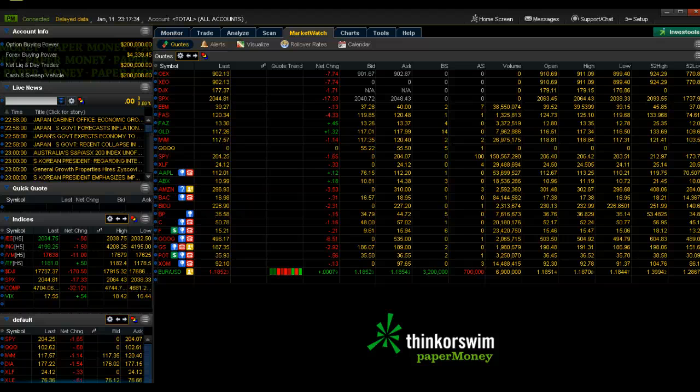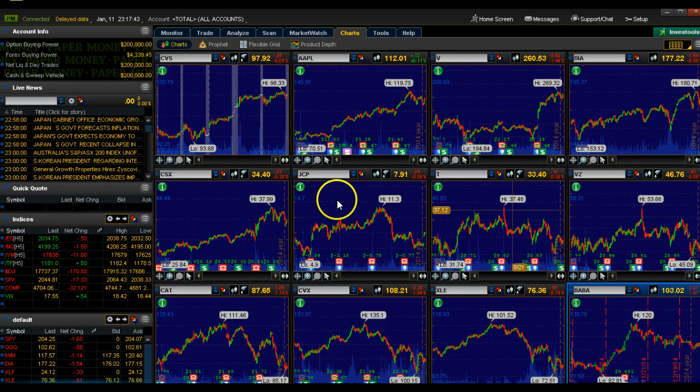What I like about TD is you can divide your screens into as many smaller screens as you want, so you can look at a bunch of different charts at once, then duplicate this on a different screen and look at another 20 charts. If you have 4 screens, you can look at 80 charts at once.